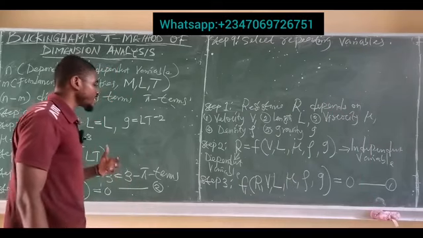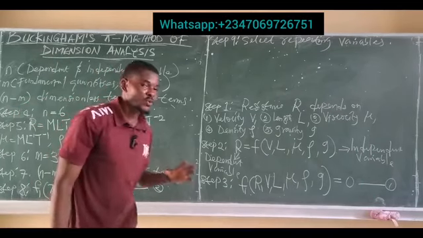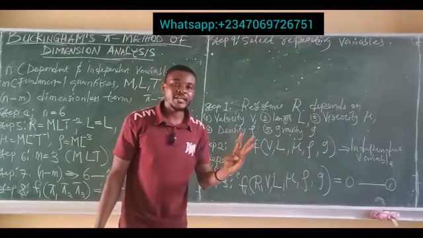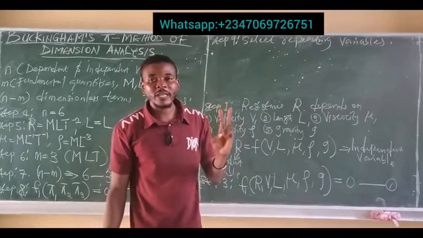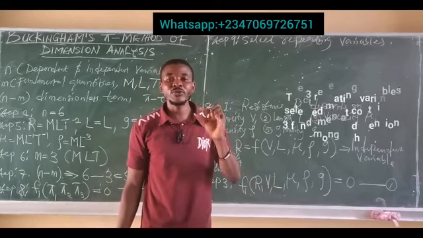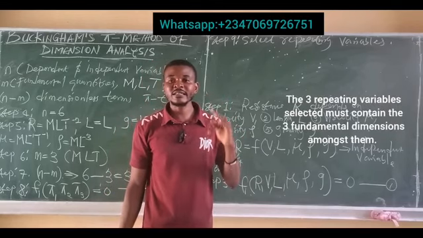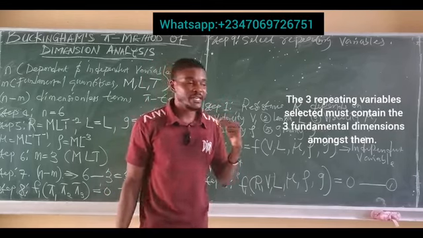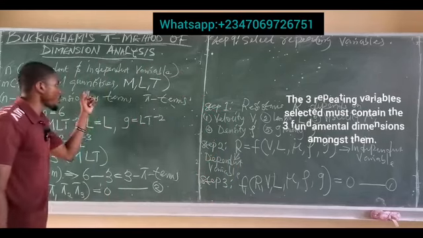And I said you select your repeating variables in such a way that it must contain a geometric property, it must contain a flow property, and it must contain a fluid property. And mind you, the 3 repeating variables selected must all combine to form the MLT fundamental quantities.